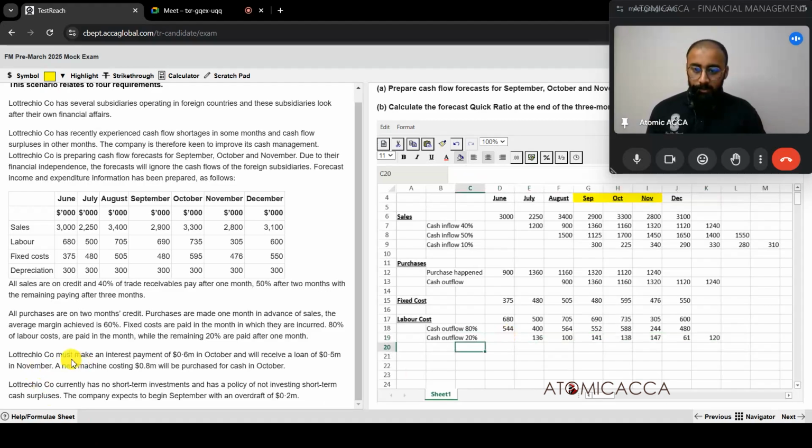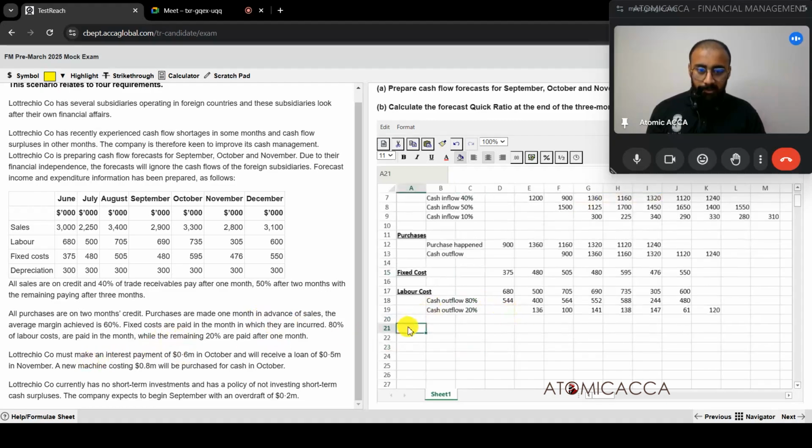Next is about making an interest payment of 0.6 million. Here we took all the sales, purchases, labor cost, and fixed cost. Okay, all that is done. Then they are telling about some interest payment. Interest payment, and they're telling it is happening, 0.6 million in October.